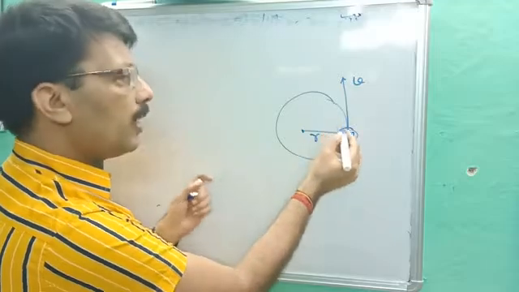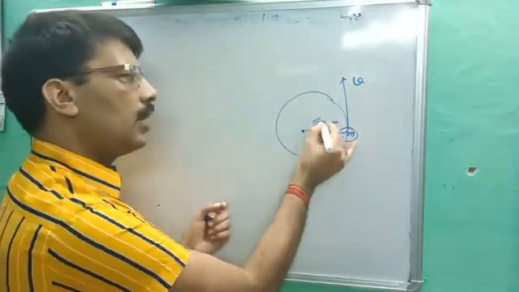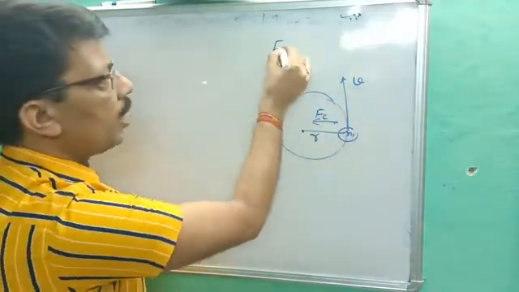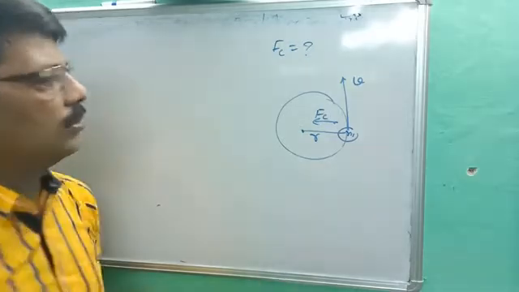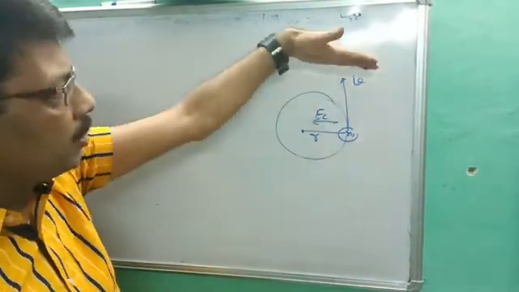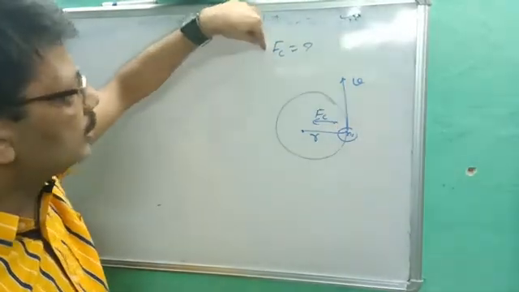When any body moves in a circular path, the force acting toward the center is called centripetal force. And I ask, find the formula for centripetal force. The question is very clear.